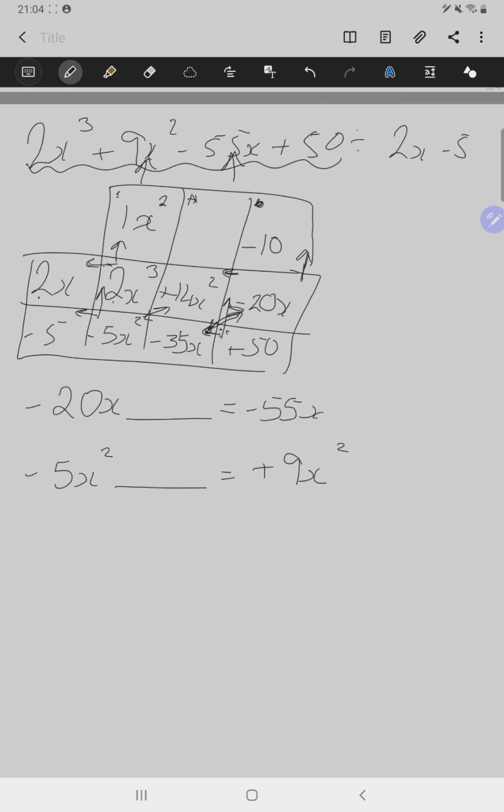And then finally, to get this box here, we need to see what do we multiply 2x by to get 14x squared. So 14 divided by 2 is plus 7, and we reduce the power of x by 1. So our answer here would be x squared, because we don't need to write the 1 in front, plus 7x minus 10.